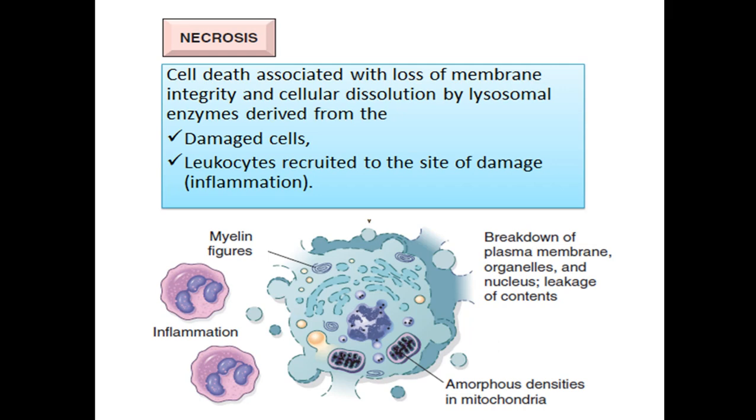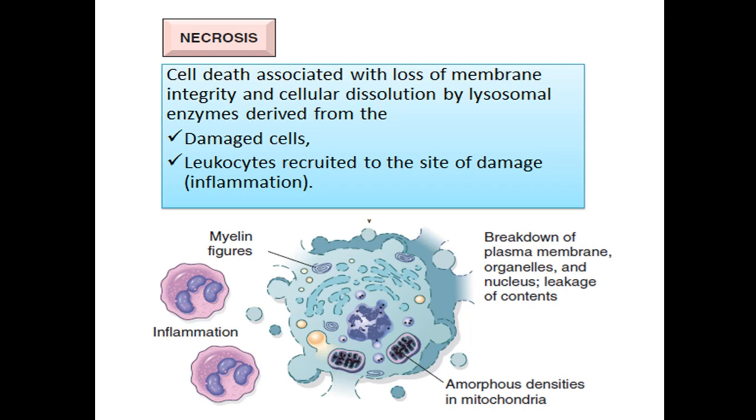Characteristics of necrotic cell death include amorphous densities in the mitochondria and the presence of myelin figures, which are whorled masses of phospholipids along with calcium. In necrotic cell death, there is breakdown of the plasma membrane and the membranes of the organelles, and irreversible damage to the nucleus.